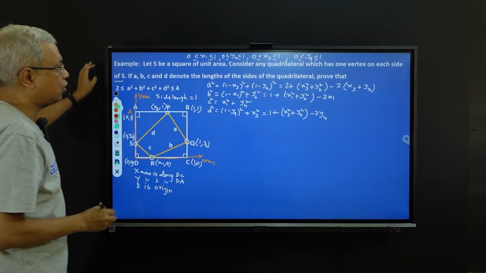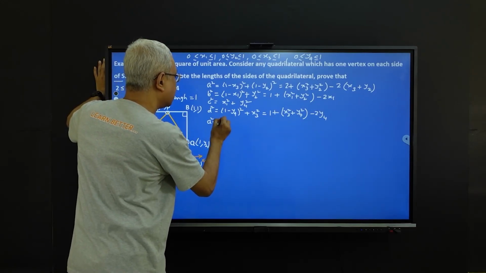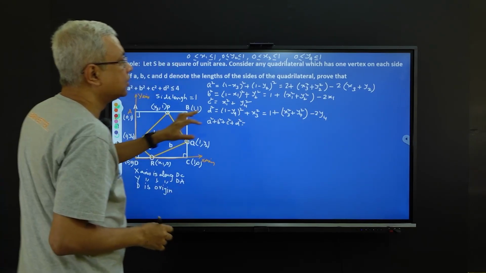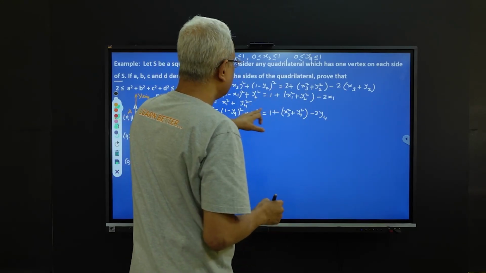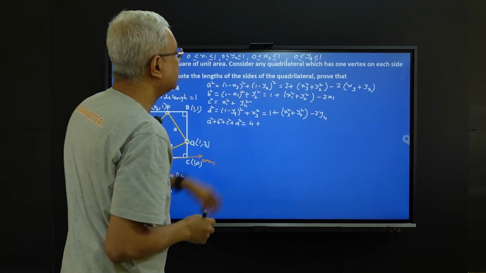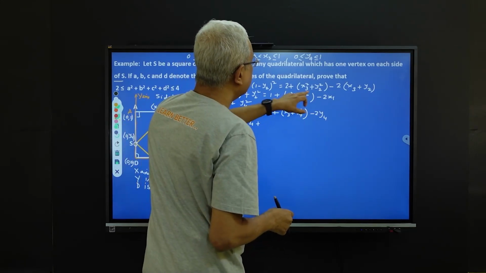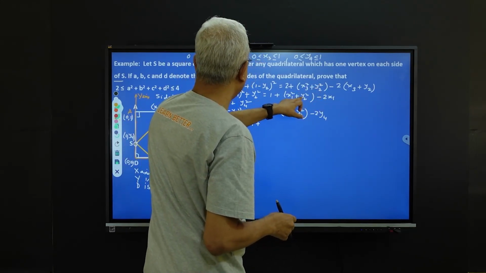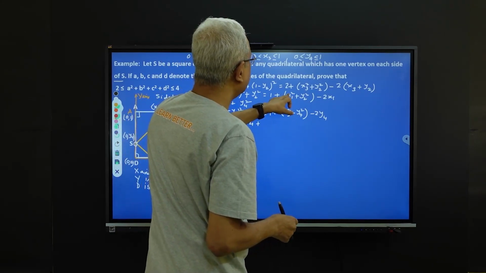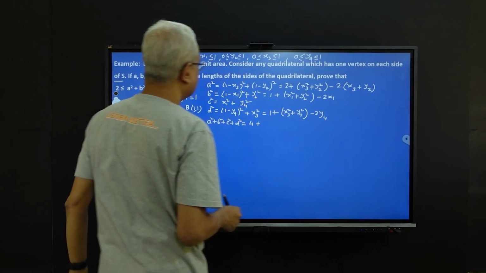Alright, so I can write a square plus b square plus c square plus d square is equal to 2 plus 1, that is 4, plus, here there is one x3 square and here one x3 square, one y2 square and another y2 square, one x1 square and another x1 square, and one y4 square and another y4 square.